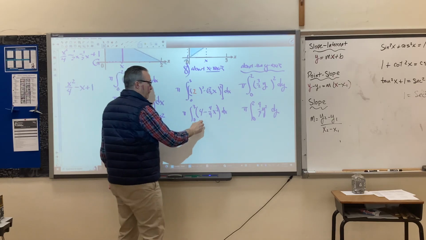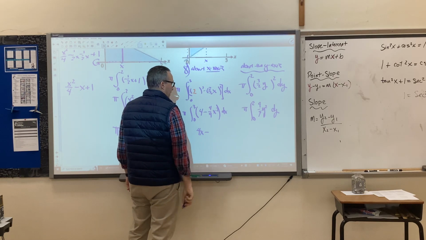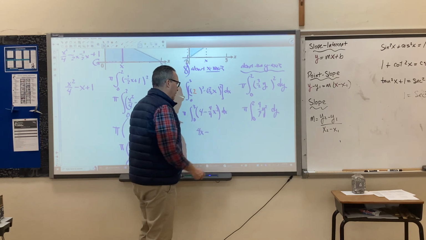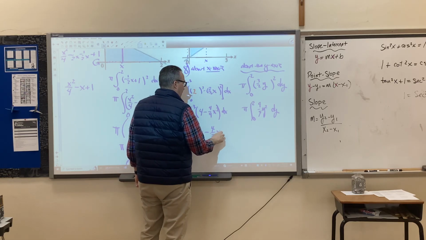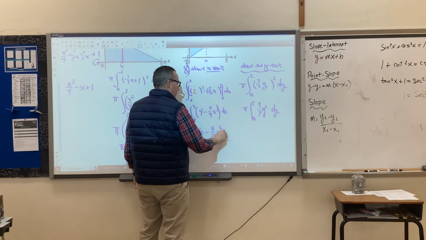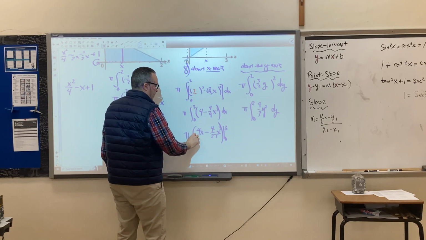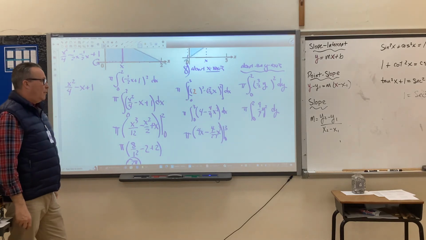Integrate this, you get 4x minus, add 1 to the power 3, divide by 3, 4/27 x to the third. Minus 4, 8 pi.